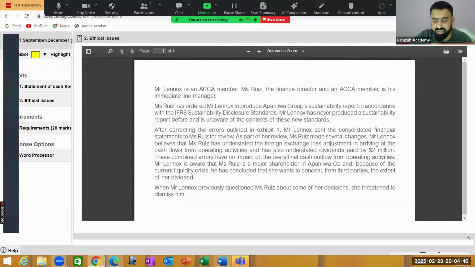Mr. Linonix is aware that Ms. Ruiz is a major shareholder in a company, and because of the current liquidity crisis, he has concluded that she wants to conceal from third parties the extent of her dividend. When previously questioned about some of her decisions, she threatened to dismiss him.